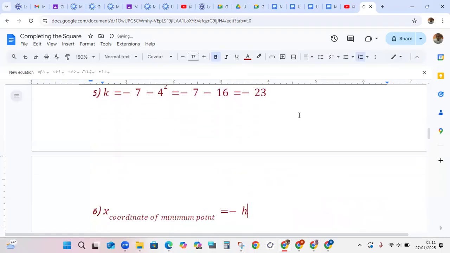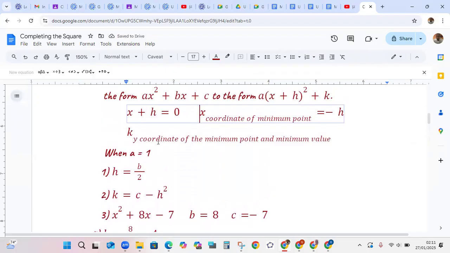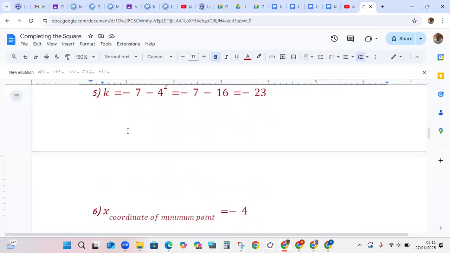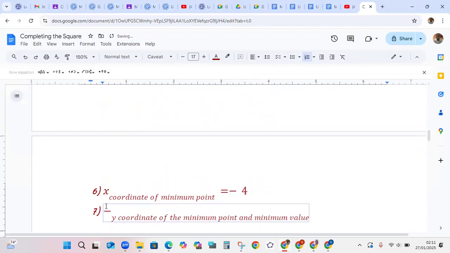So the x coordinate of the minimum point is negative 4. And the y coordinate is exactly k. The y coordinate of the minimum point is exactly k. So negative 23 is the y coordinate of the minimum point.